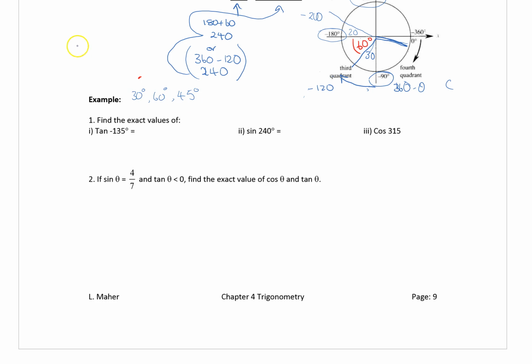The right angle triangles containing those angles all have a surd, so that's the 30-60 one, and the 1, 1, √2 for the 45. So remember that.